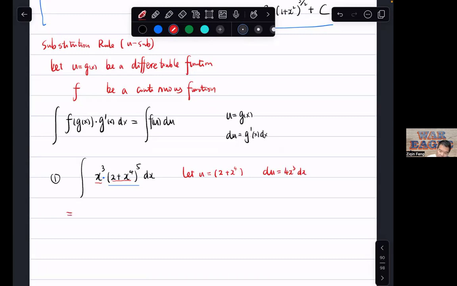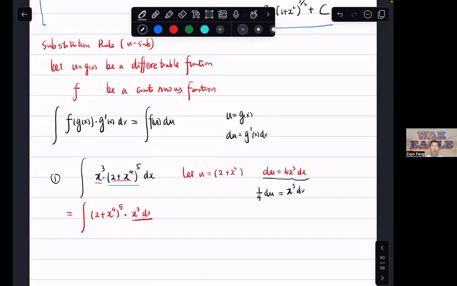So this is equal to the integration, okay, so rearrange the order of the terms first, times x cubed dx, because this is a product, which is commutative, so we can do that. So x cubed dx, from this differential here, we know that x cubed dx is 1 over 4 du, right?